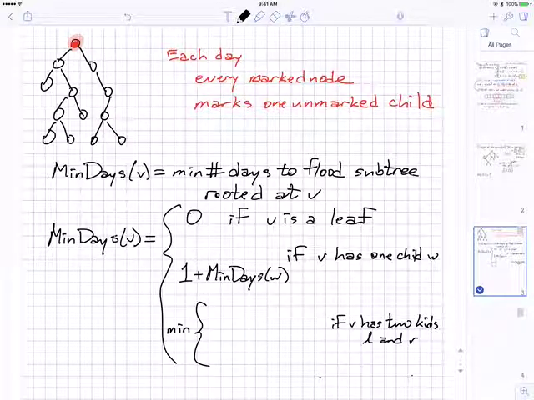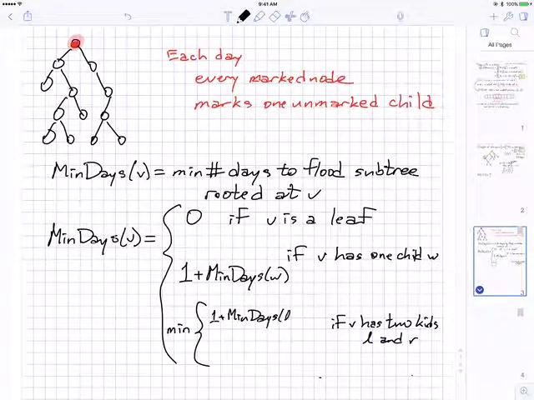But let's say that I mark L first, and I mark R second. If I mark L first, then the subtree rooted at L is going to be flooded after this many days. And then node R's subtree is going to be flooded after this many days.